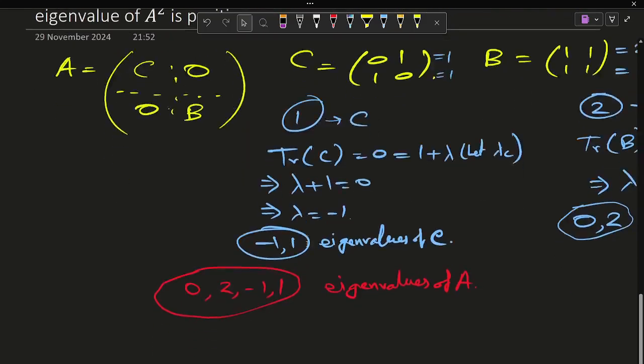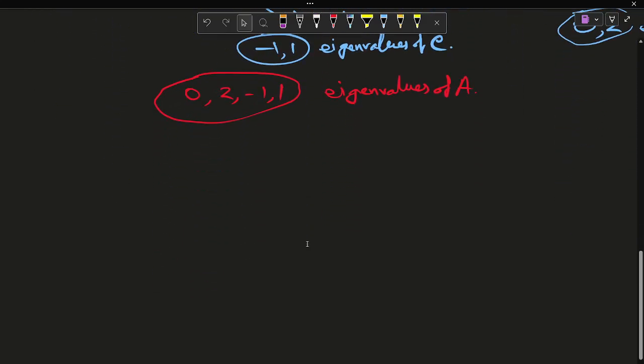So what can be done for this? Let me write the matrix now. What is V transpose AW?